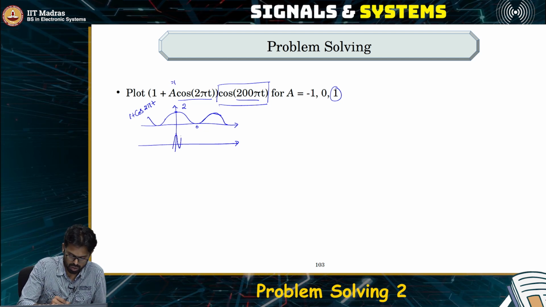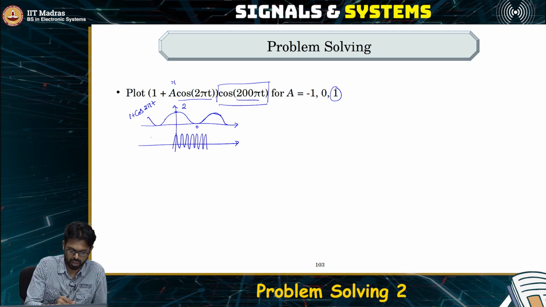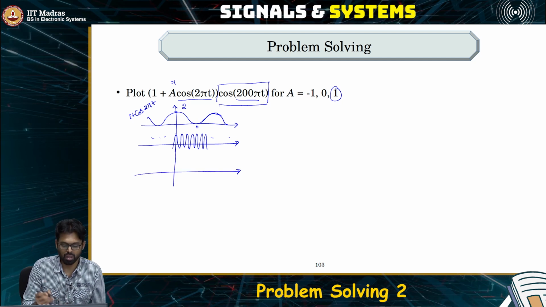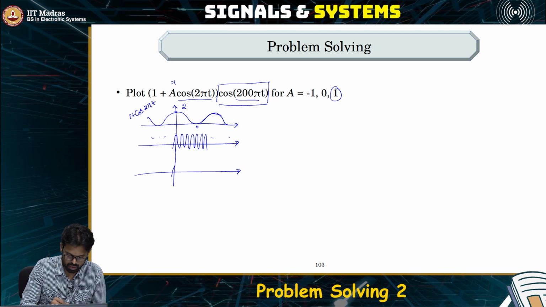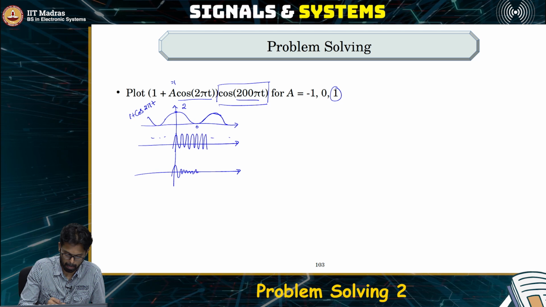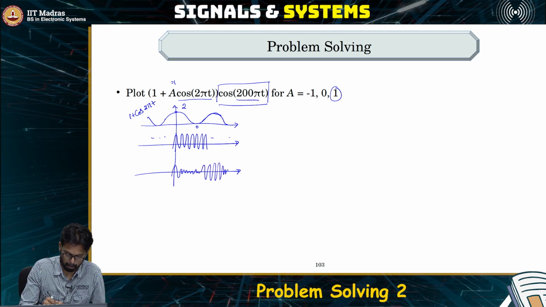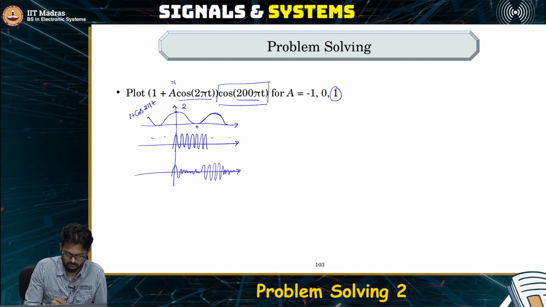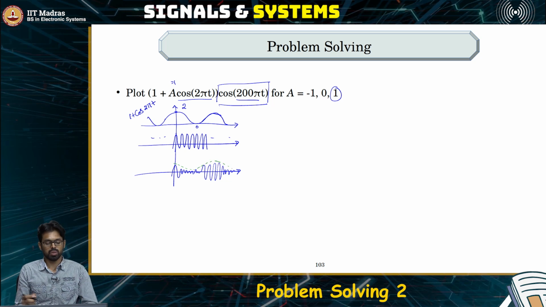So it should look something like this. So you multiply these two signals. What would you get? So you would get something like, so this is what you get.